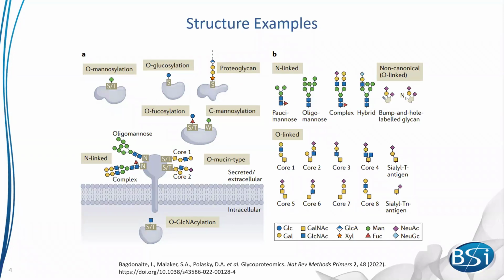But it's very important that we work with glycoproteins because glycosylation has been shown to be involved in a wide variety of biological processes, including cellular development, cell-to-cell communication, and immunity.